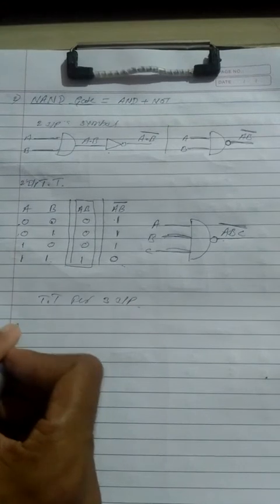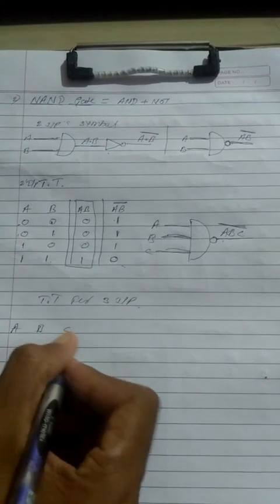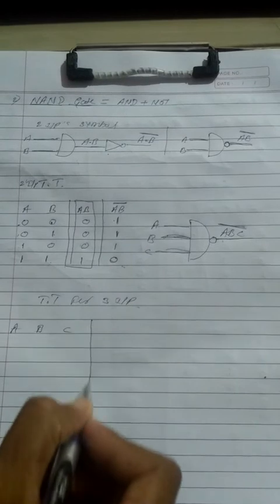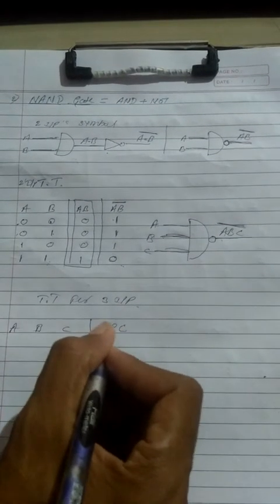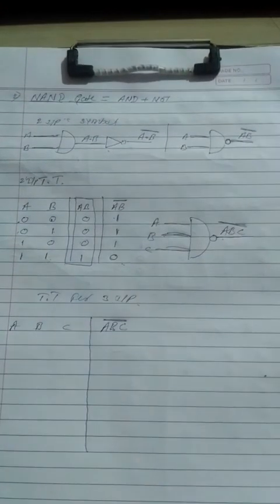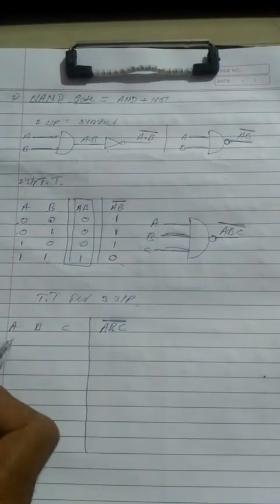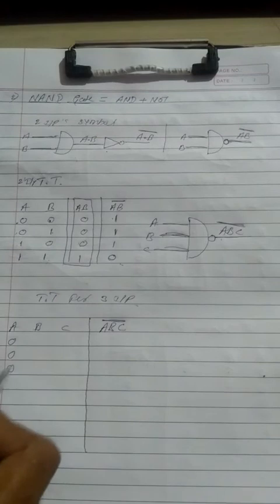So directly write a truth table for three inputs: A, B, C, and next A into B into C, the whole bar.